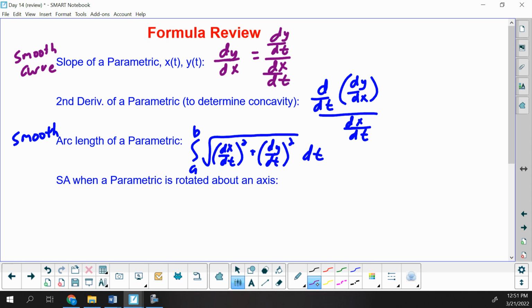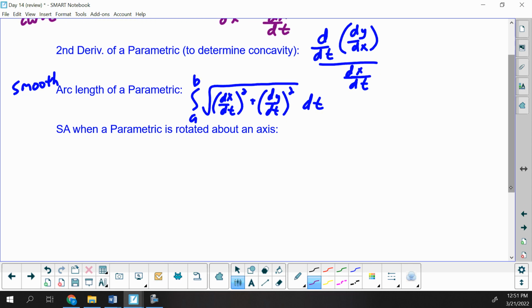And our surface area, we had two scenarios if we were spinning it over the x-axis or the y-axis. Both were 2 pi radius times arc length. So the x-axis one was 2 pi. If we're going over the x-axis, our radius was our y of t.